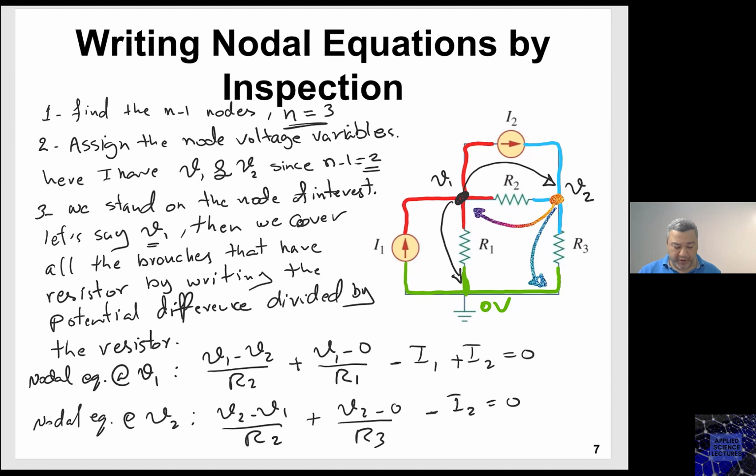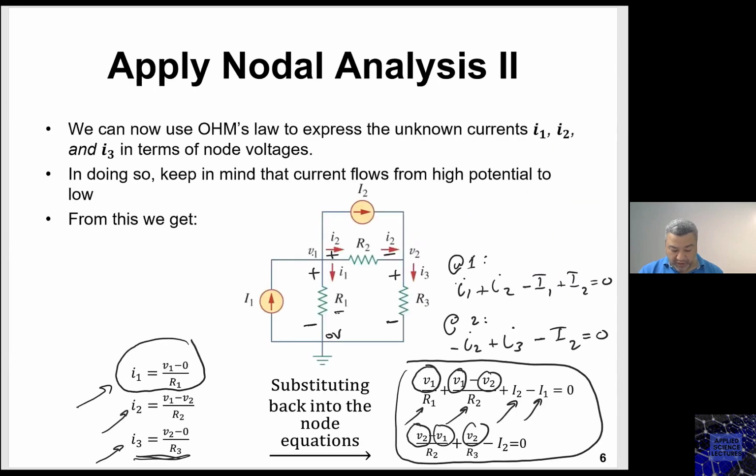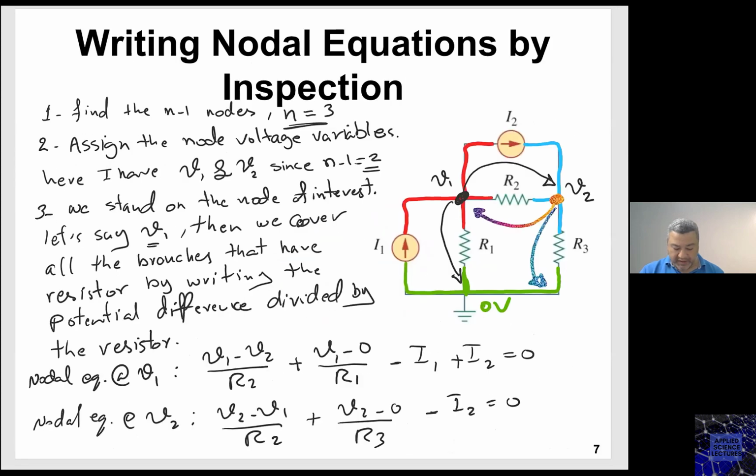Now, if I compare those two equations with the ones that I got earlier: V1 minus V2 over R2 plus V1 over R1 plus I2 minus I1 equals 0.